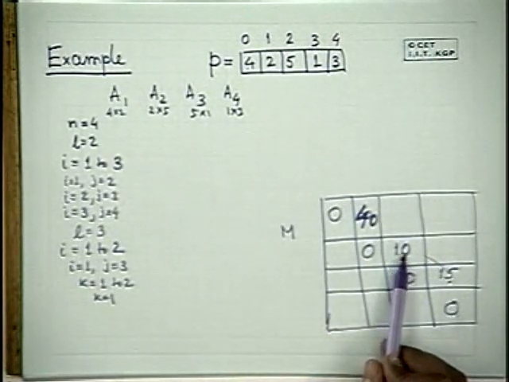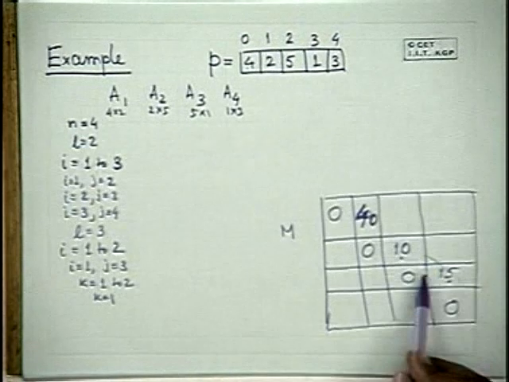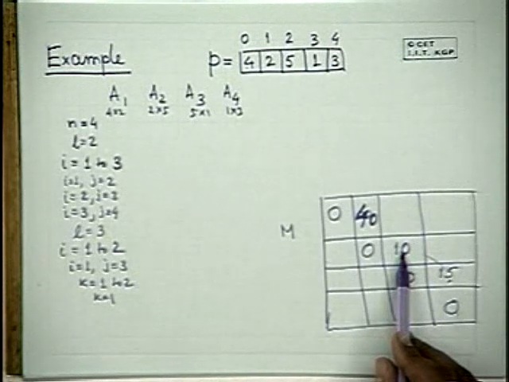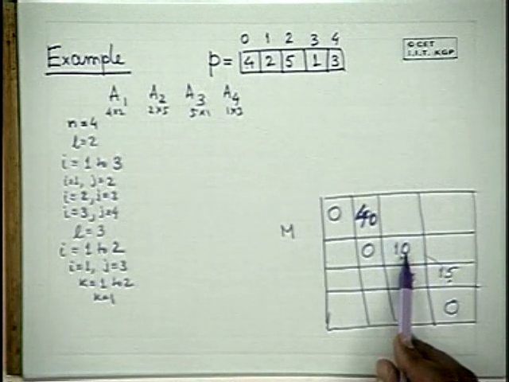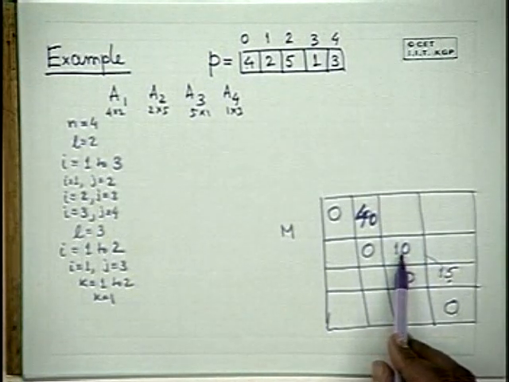So now 10 plus this Pi, what is that value? These 3 multiplications. 10. So it becomes 8. So 10 plus 8 is 18.